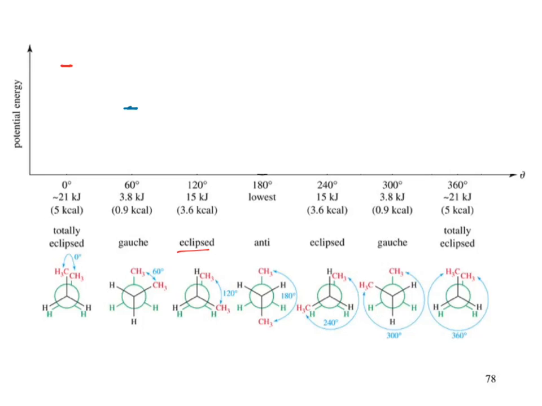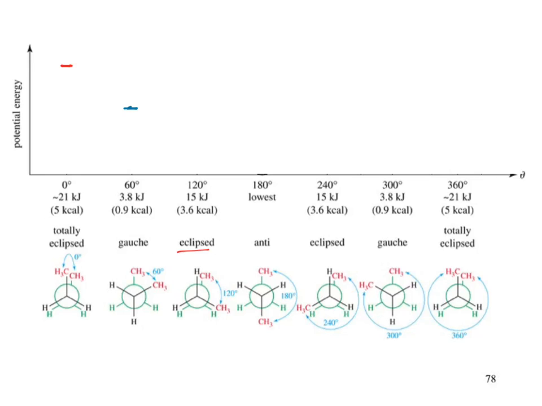So as soon as I move to eclipsed, it should be higher in energy. But we had an interesting point. So it is higher than the gauche, but is it higher than the totally eclipsed? Why not? I'm looking at a carbon seeing a hydrogen versus a carbon seeing a carbon.